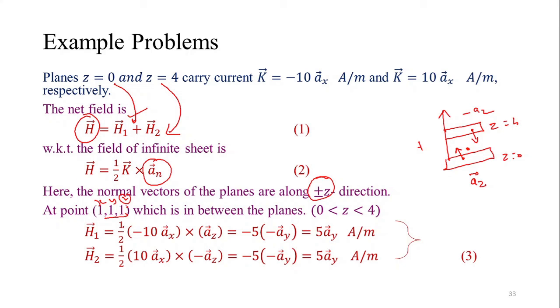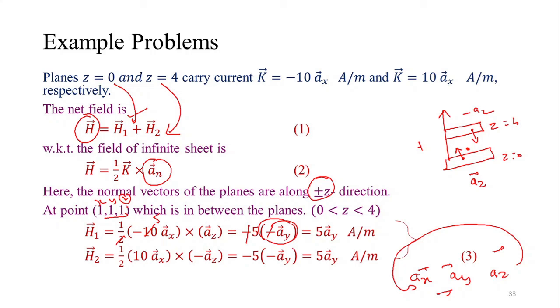So H1 will be half of K, that is minus 10 a_x cross a_z. You can cancel 2, so you have minus 5 a_x cross a_z. Since a_x cross a_z is in reverse of the cyclic direction a_x, a_y, a_z, you will have minus a_y.